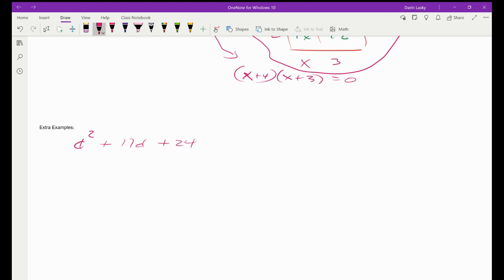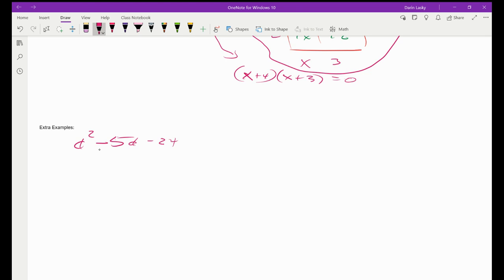Let's go back and do a subtraction one here, because sometimes the subtraction ones, d squared minus 5d minus 24, pose a little different issue for us, right?